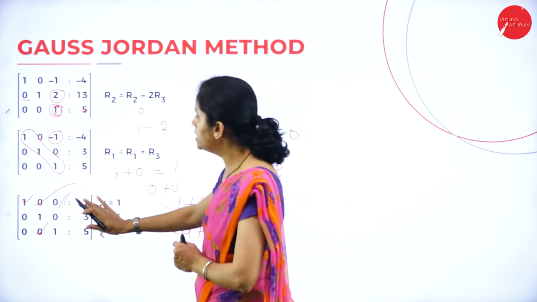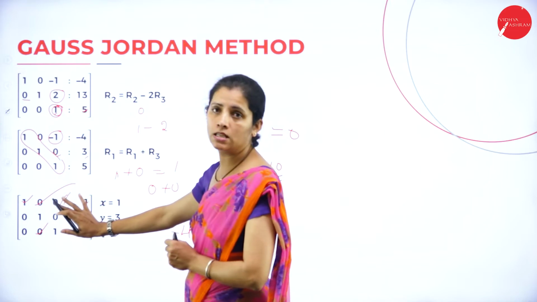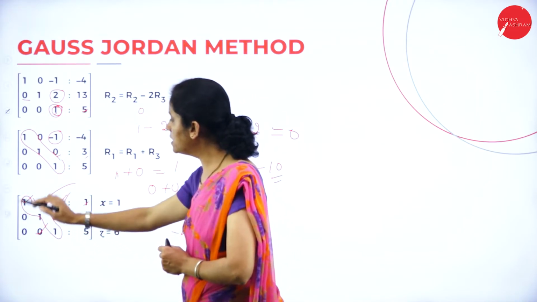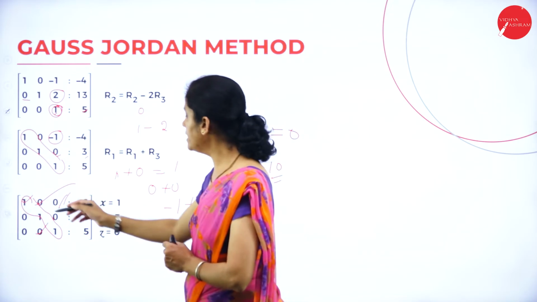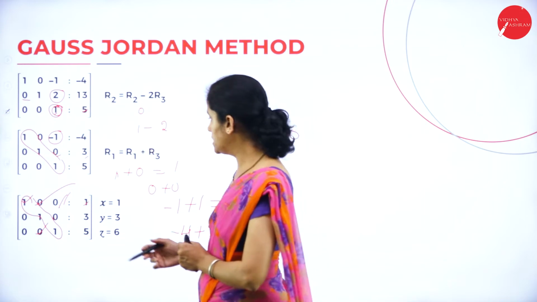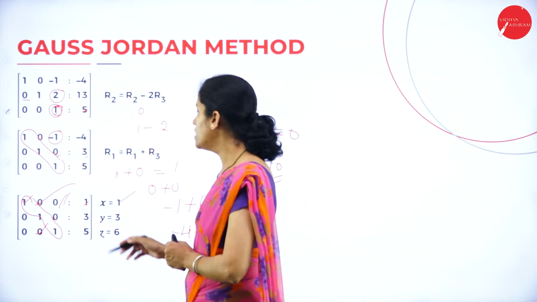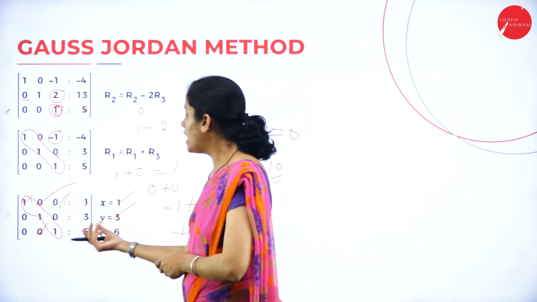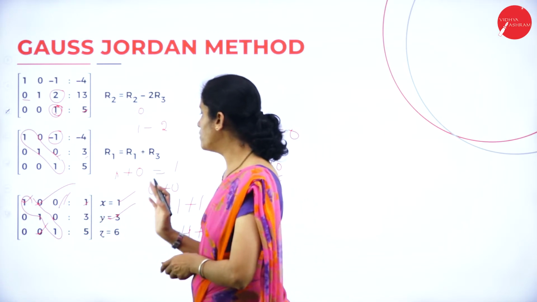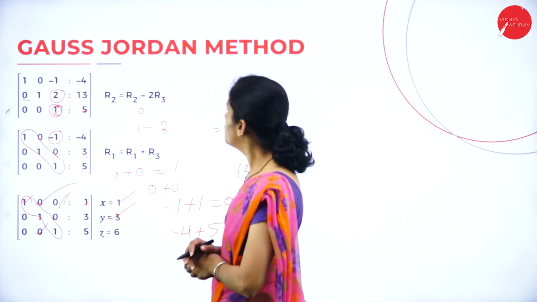Now dear student, this is my final answer. Because see here, all are identity matrix and I have 1, 3 and 5. So x equal to 1, y equal to 3 and z equal to 5.